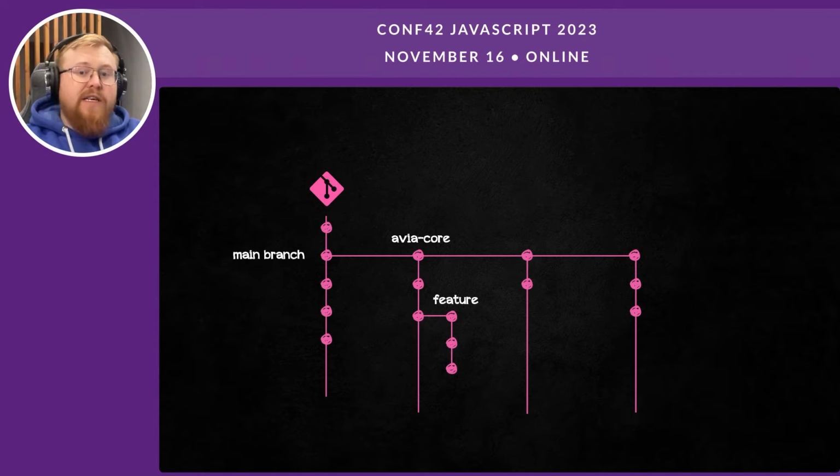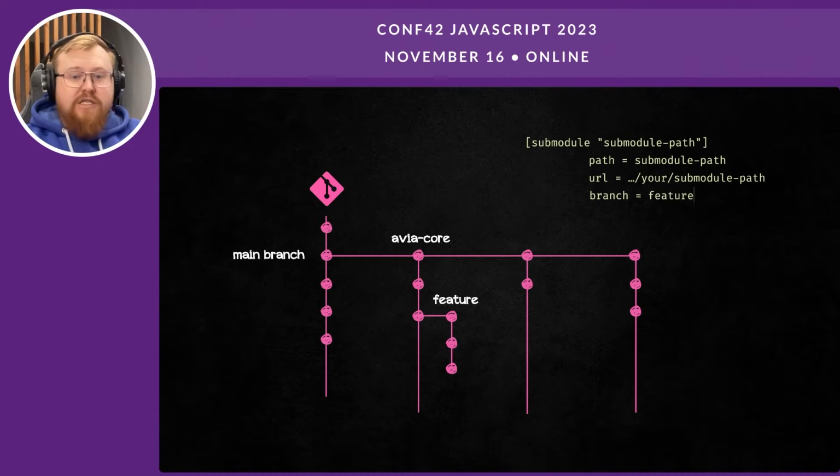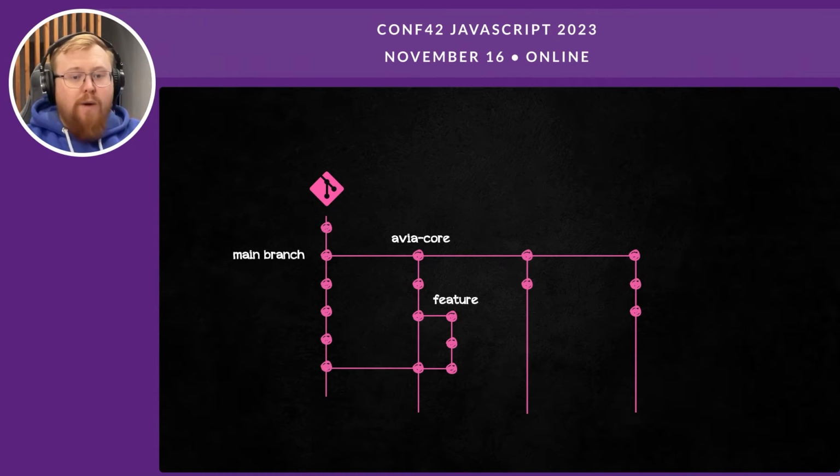They have their own target branch, Avia core, from which they create a feature branch and make changes in it. While the changes are in progress, they will also need to change the data source for the submodule and specify their feature branch. Once the feature is completed, the feature branch is merged with the target branch, and Avia core moves forward. However, this doesn't force the other projects to immediately pull the latest changes from the main branch.